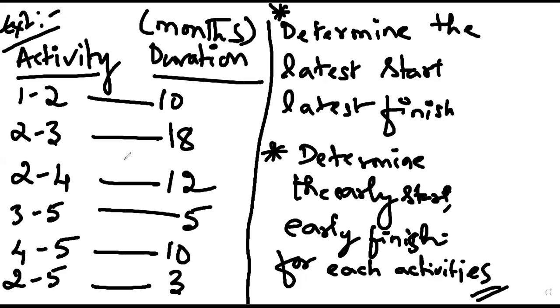Early start for each of the nodes has to be determined, for which we require 5 different equations. And similarly, latest start, latest finish also requires 5 different equations.